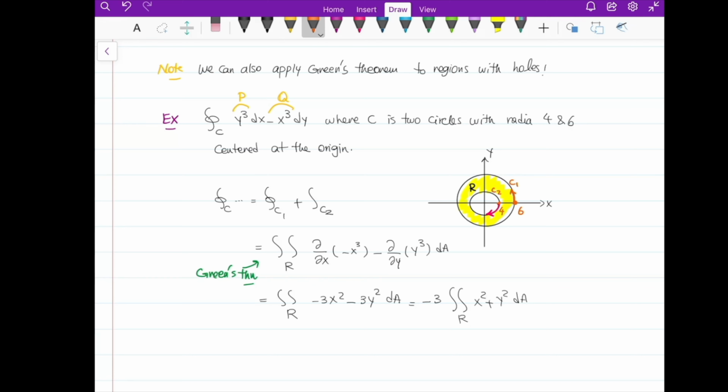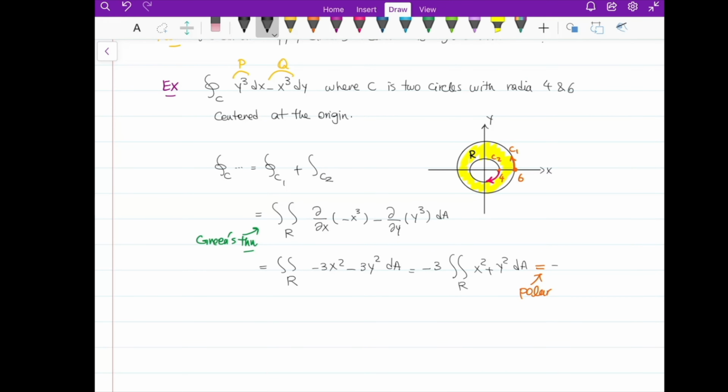I'm gonna switch it into polar because my region of integration is part of a disk. Okay, so in polar, what do I have? I have negative 3, the double integral of r squared, and then dA is r dr d theta.